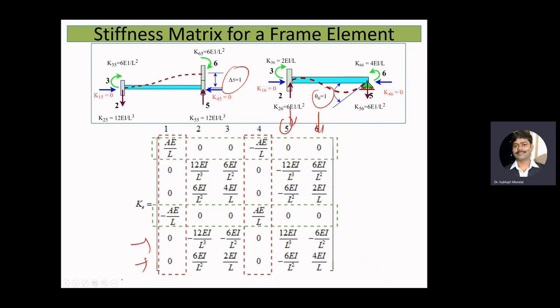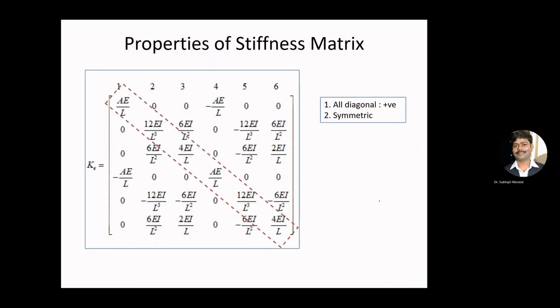So now, here we see this is our stiffness matrix for a frame element, and the size of the stiffness matrix is 6 by 6. The first degree corresponds to the axial degree of freedom, and the fourth degree also corresponds to the axial degree of freedom, and 2, 3, 5, 6 correspond to the degrees of freedom of a beam element. Okay, so we have this stiffness matrix for a frame element.